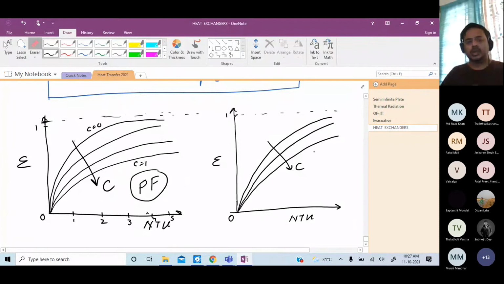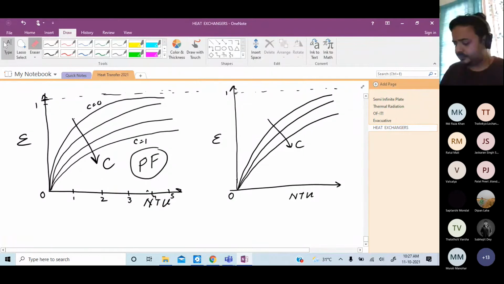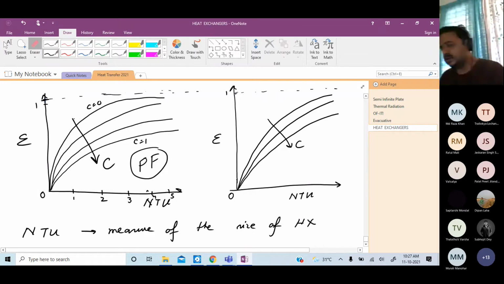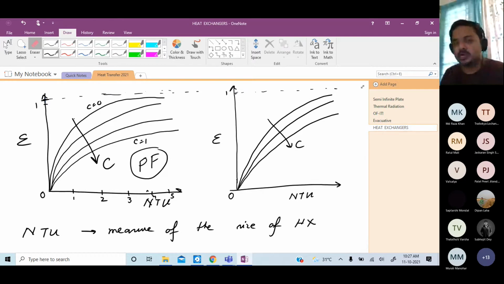Now what is NTU? NTU is a measure of the size of heat exchanger, because UA is in the numerator. So if you can attain higher effectiveness at lower NTU, it means that it's a more compact heat exchanger.